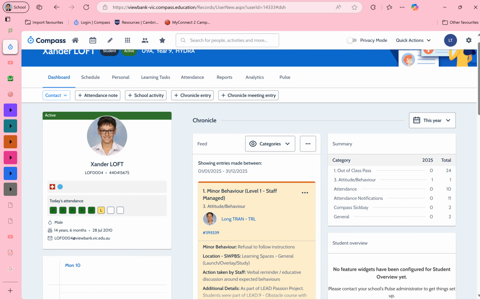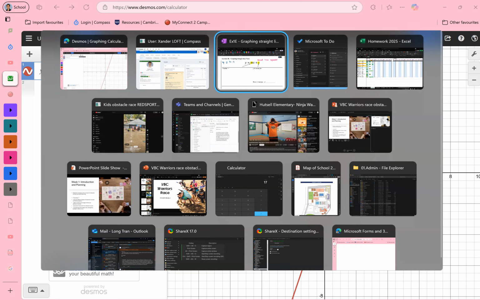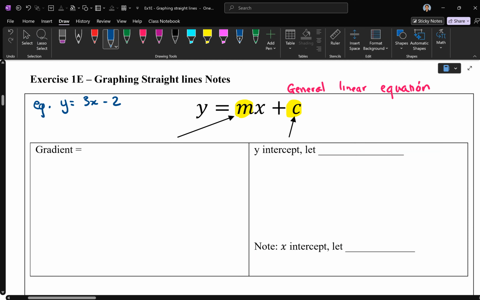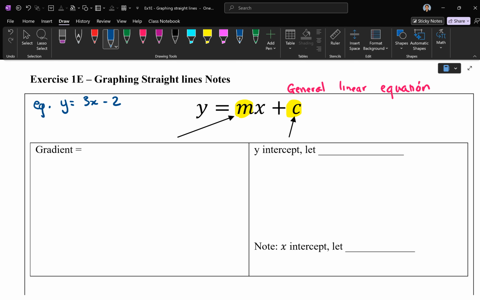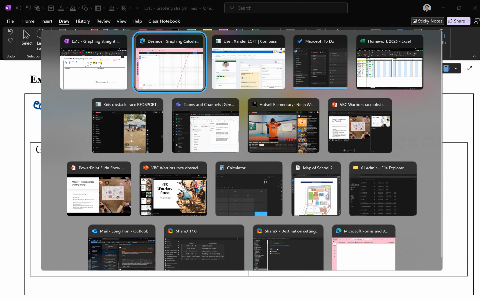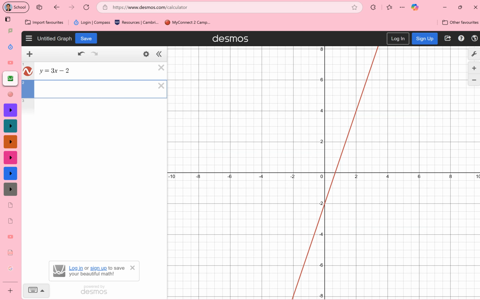Based on the pattern, when x is, say, 1, 3 times 1 is 3, and then 3 minus 2 gives me 1. So there should be a point on the graph where, when x is 1, the y coordinate is 1. And you can see that it's shown here. That's why these are called variables: when you put in an input, an x coordinate, you get a y coordinate that comes out from the equation.